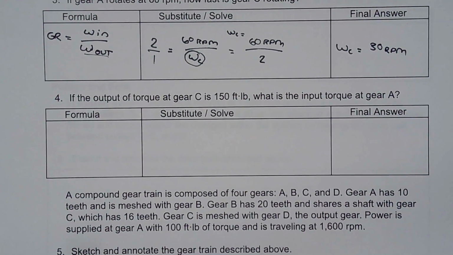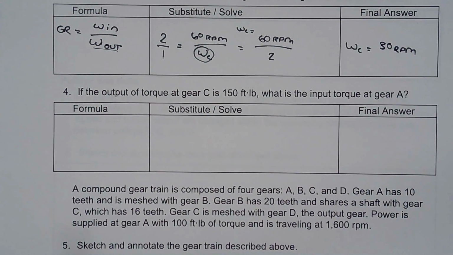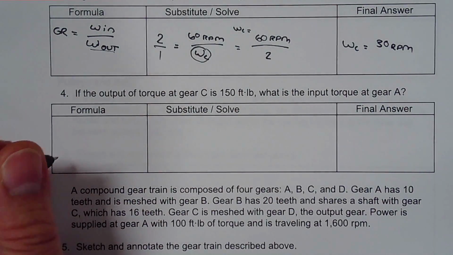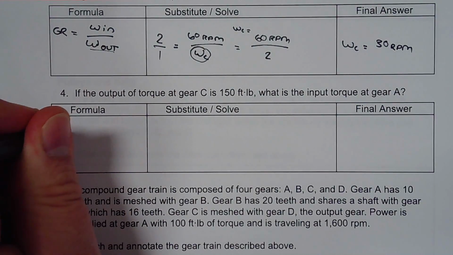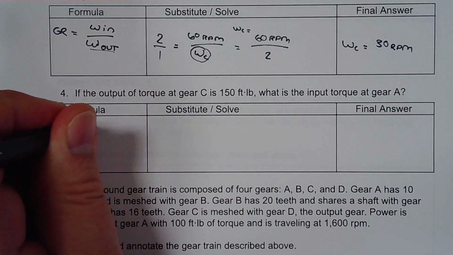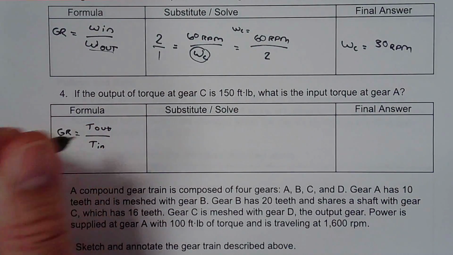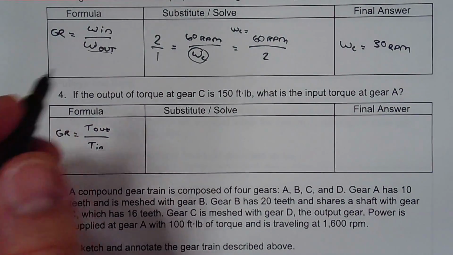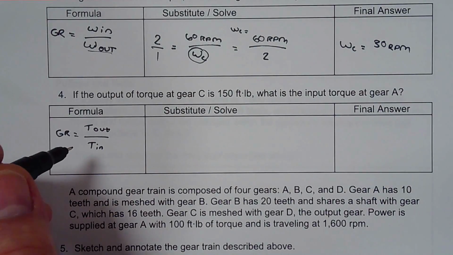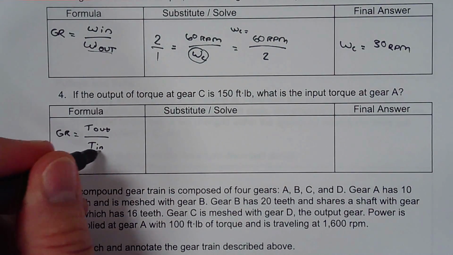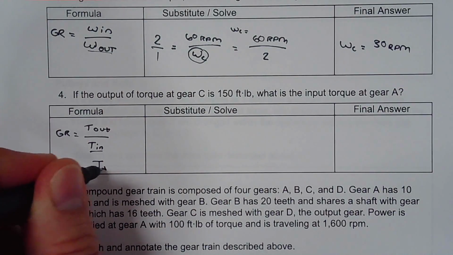If the output torque at gear C is 150 foot-pounds, what is the input torque at gear A? Again, we're going to use that gear ratio. Gear ratio is equal to torque out over torque in. I just pulled these from my notes. I'm going to be solving for the input torque at gear A, so that is torque in, or torque at A, however you want to say it.